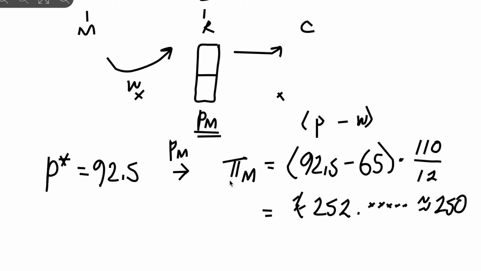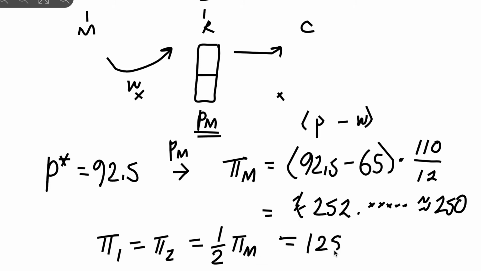So the total profit that the market can get as a monopolist is 250, if they agreed at the monopoly price. So what is the profit for each firm? Each firm will get the same amount of profit, half of the monopoly profit. So they will each get 125.